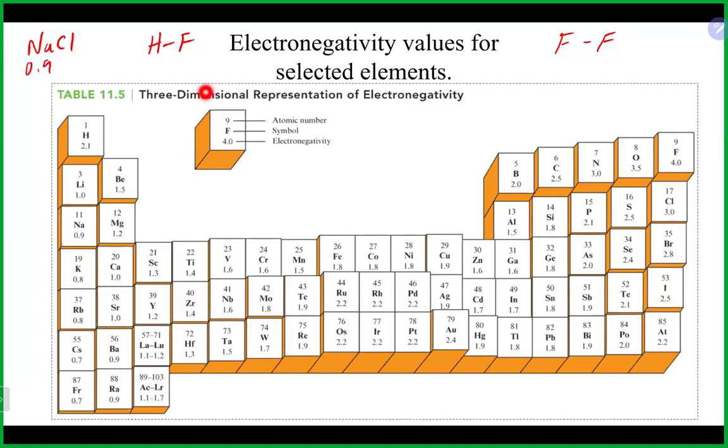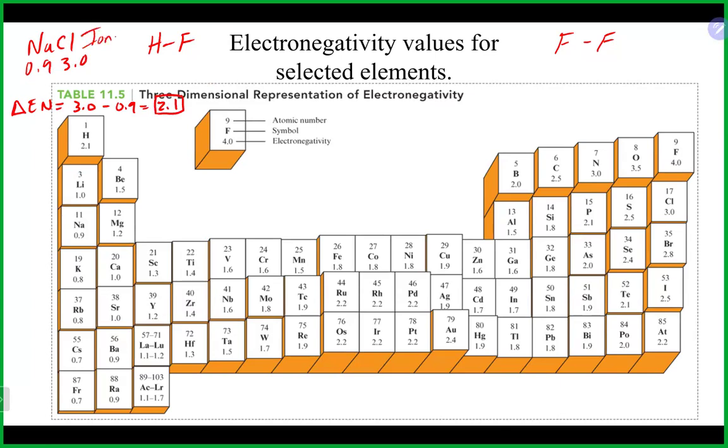And chlorine there is 3. We could calculate the difference in electronegativity here. Once again, you're just going to take the larger number minus the smaller, so you get a positive number. That's 2.1, which is above 2, which means that it should be ionic.